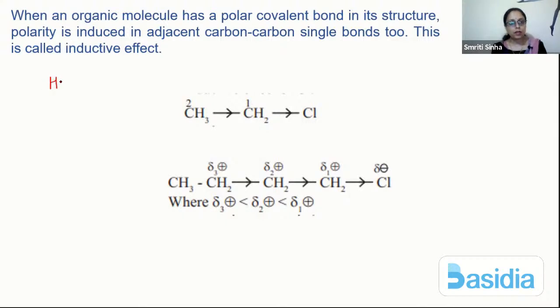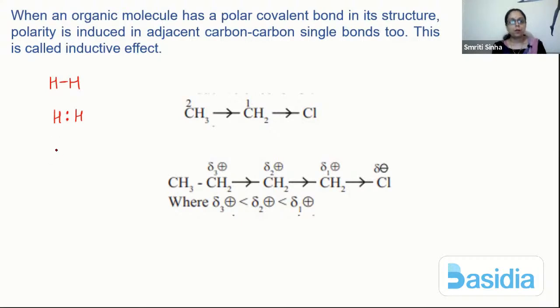If I have a molecule in which there are two same atoms attached, in that case, the electron between these two atoms will be equally shared by the two. And these two electrons will remain at the center of both the atoms as it is equally shared.